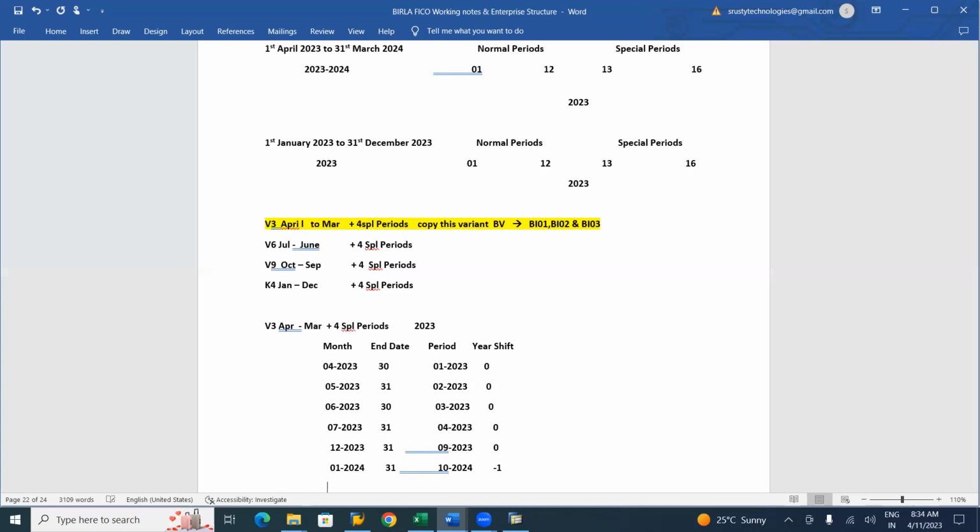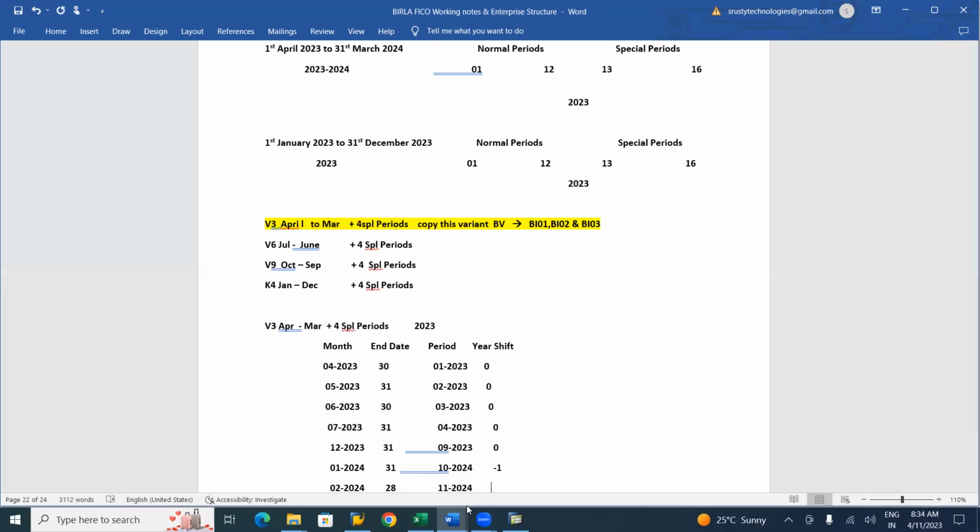Again, next. Here, February 2024, 28 days for example, 11th period. So what would be the year shift? -2? No, -1 only. -2 would mean 2024 -2, which would become the 2022 fiscal year.